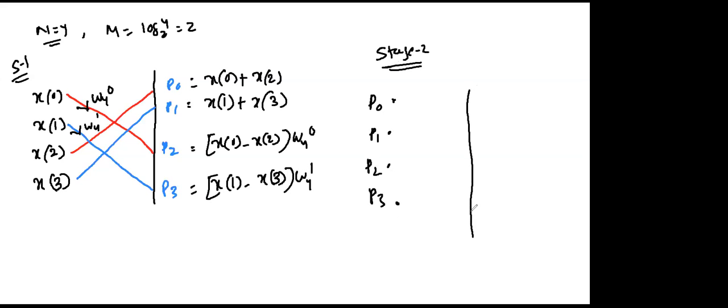Now again, for stage 2, it is easy. Just take in sequence, that is first and second, then third and fourth. First, second, third, fourth. And this is omega 4 0. This is also omega 4 0. And the output is important.